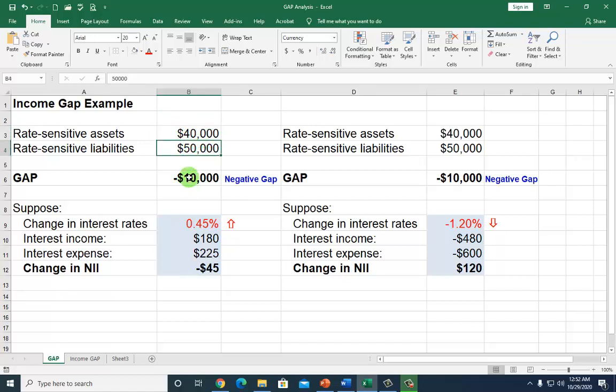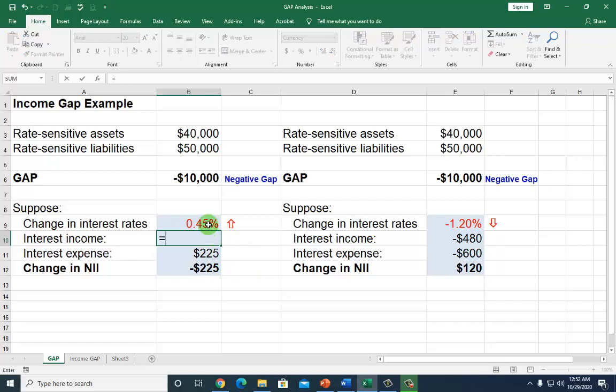So as you can see, we're facing a negative gap. If interest rates go up, interest income will rise by 180, which is what I did there by clicking here: the change in interest rate of 0.45% multiplied by rate sensitive assets, and doing the same for liabilities.